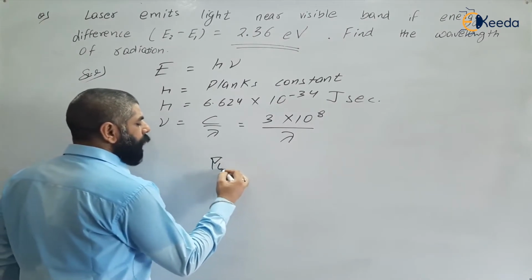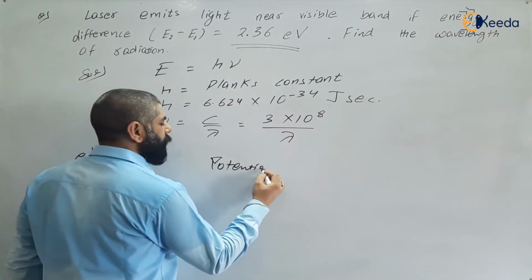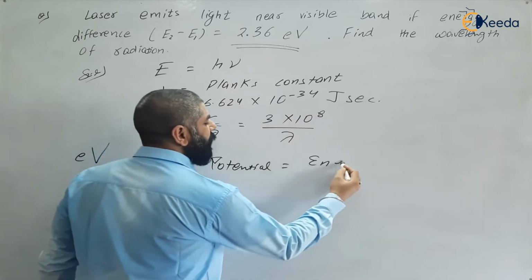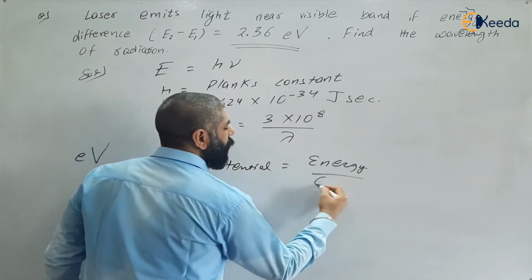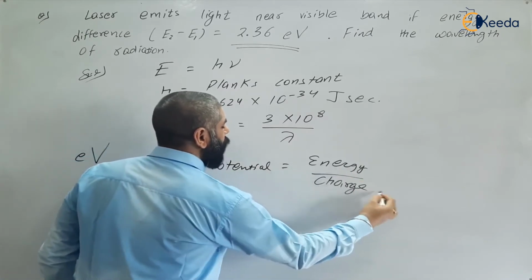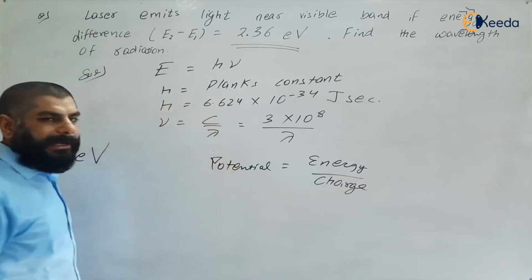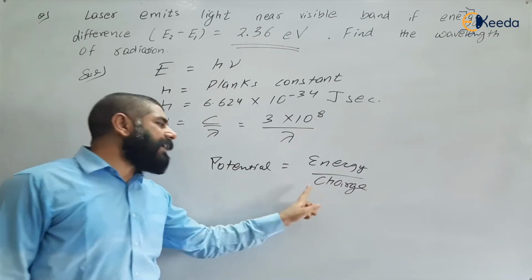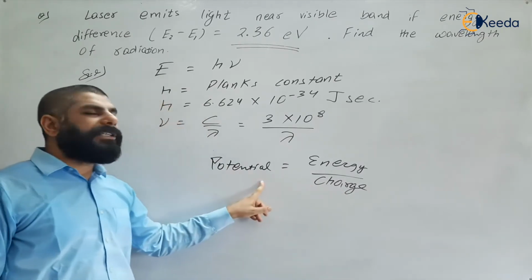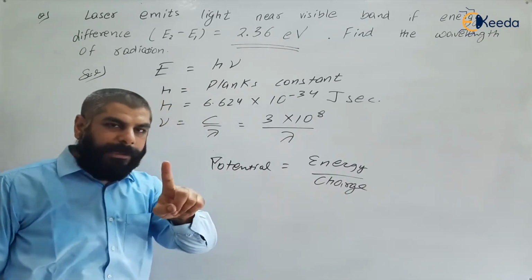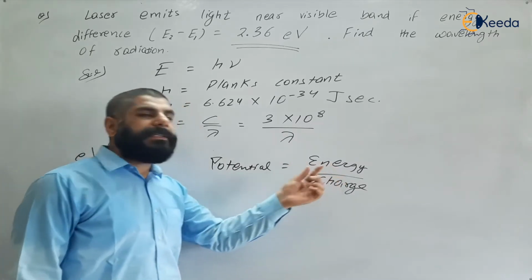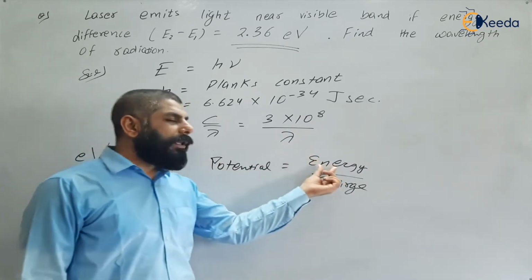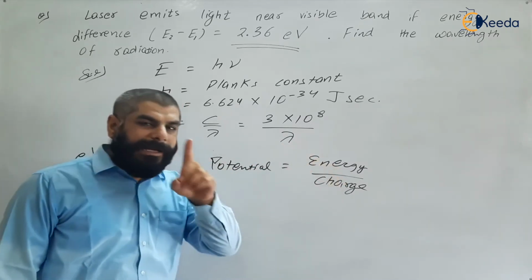Voltage or potential at a point is defined as energy stored per unit charge. If 1 electron is moved through a potential difference of 1 volt, then the energy required, or the work done in doing so, is called 1 electron volt.